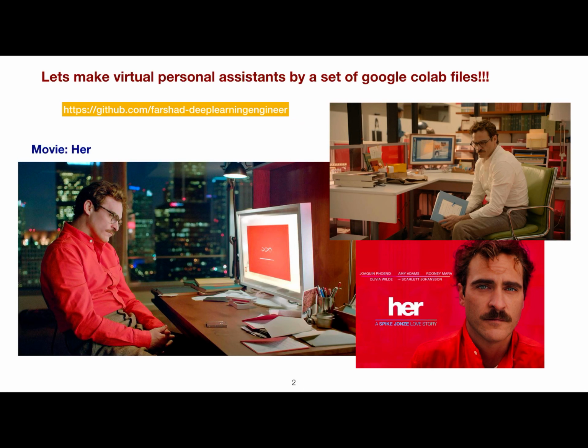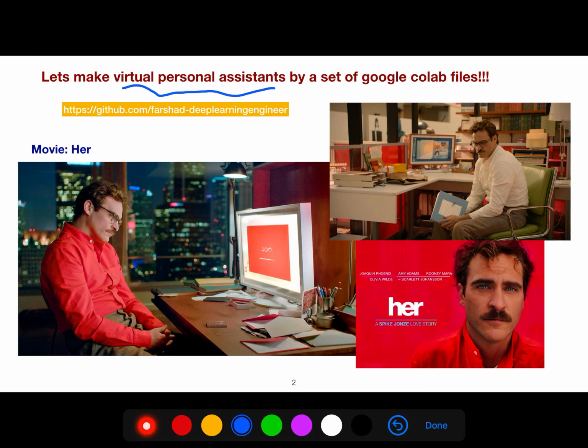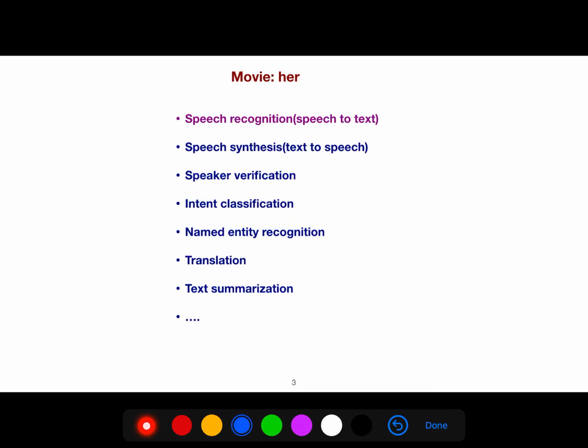So we all know that if we want to build a virtual personal assistant like the movie Her, we need some services. For example, that robot or that AI assistant should provide speech recognition, should convert text to speech, and we should change the voice of Samantha.